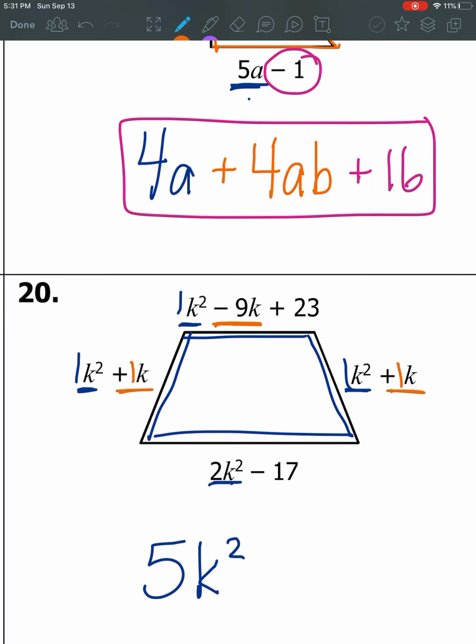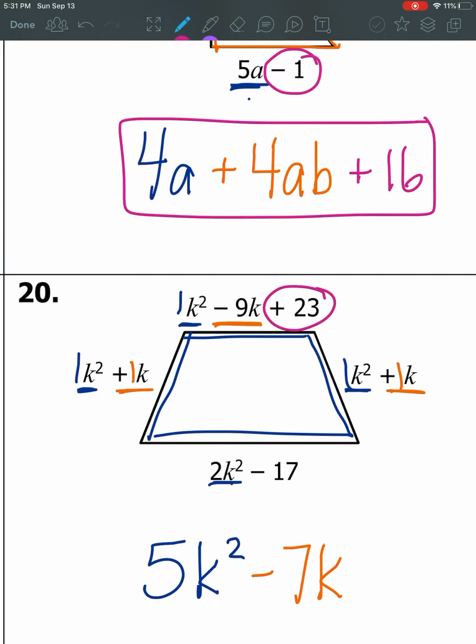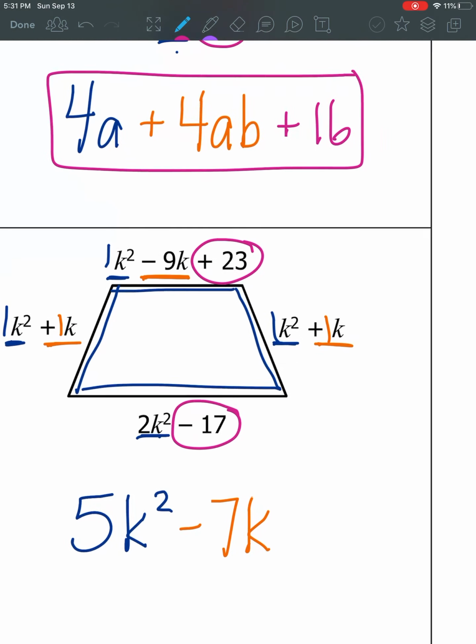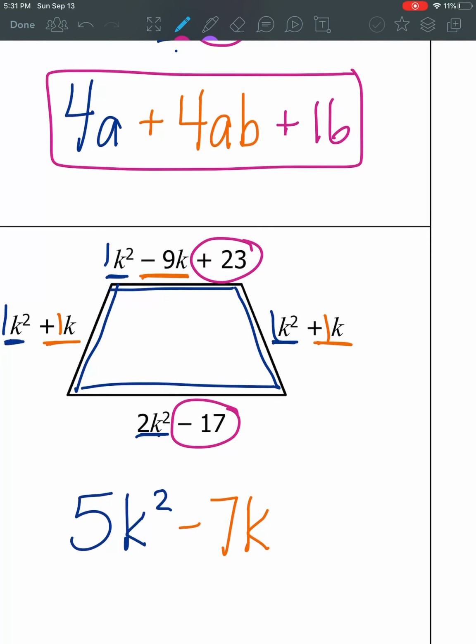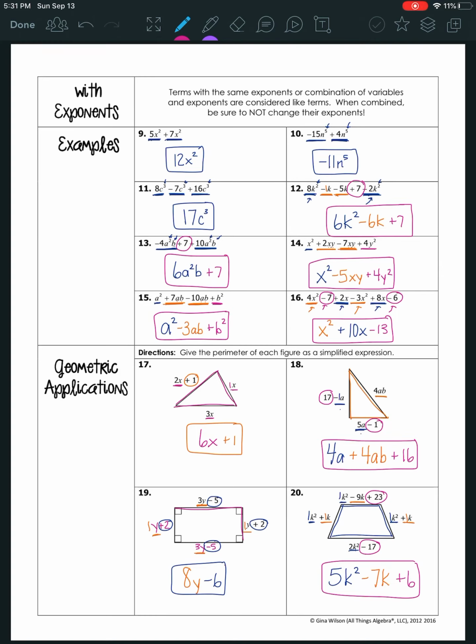So we have a -9k, a +1, and a +1 over here. So -9 plus 1 is -8, plus 1 more is -7k. And then our constants come last. So we have 23, we have -17, so that would be 6. And then the other two don't have any constants, so it'd be +6.